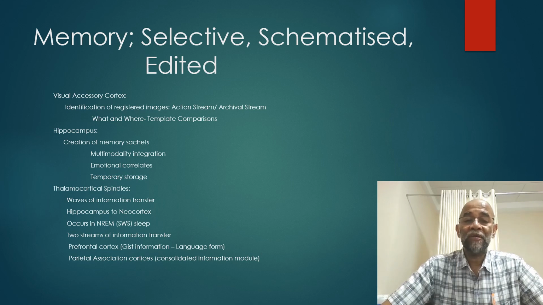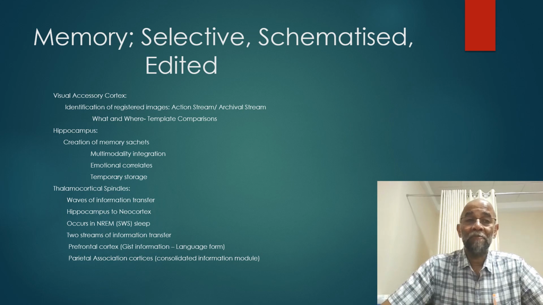The prefrontal cortex receives an abstract or a gist of the information which is coded in language. The reason why we need gist information is that it's easy to process and fast responses can be made.